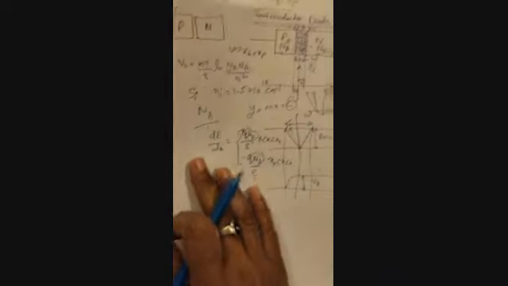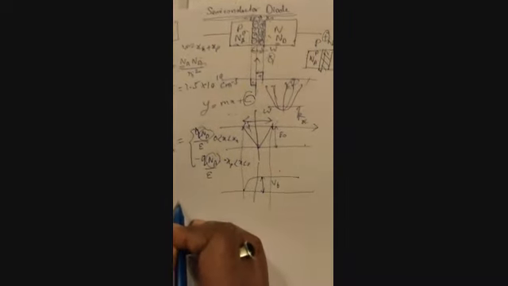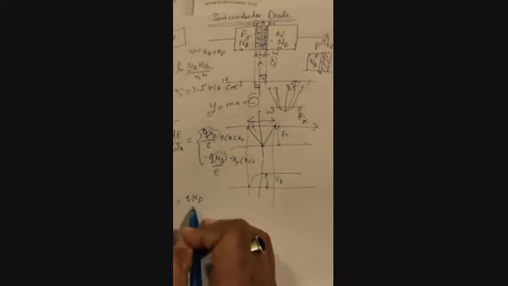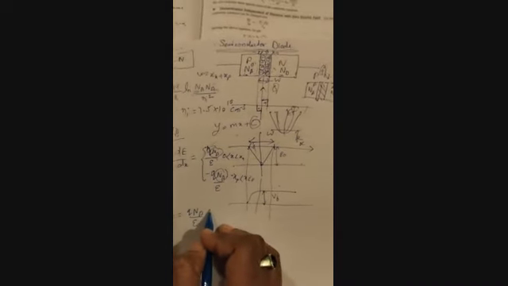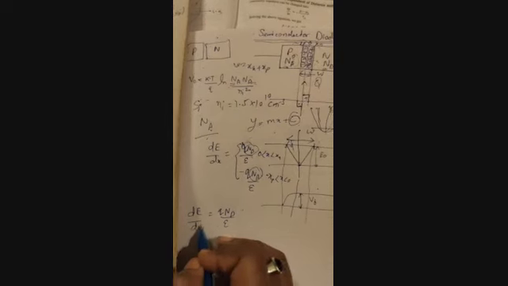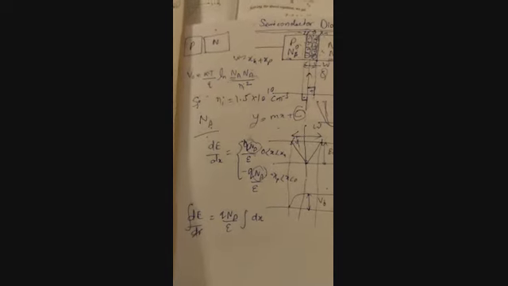First of all, now I am going for the mathematics of this. Let me take dE by dx equal to q Nd upon epsilon. Now I am taking the integral, and the main thing in an integral is the limit.